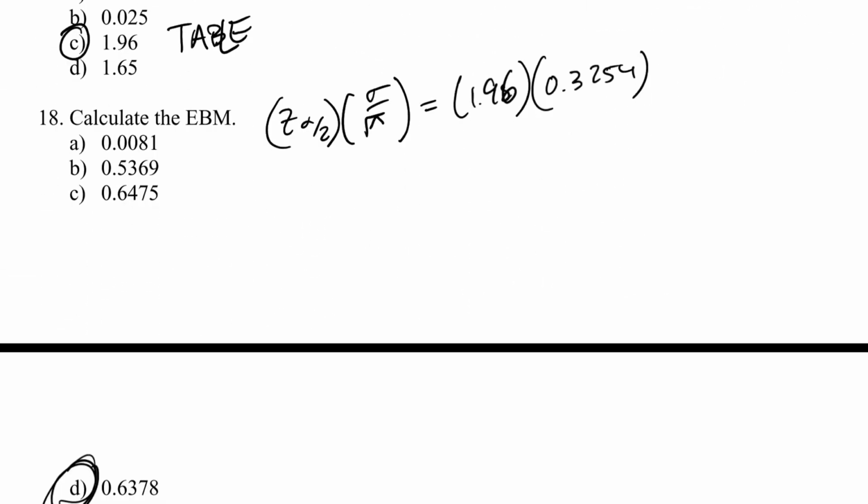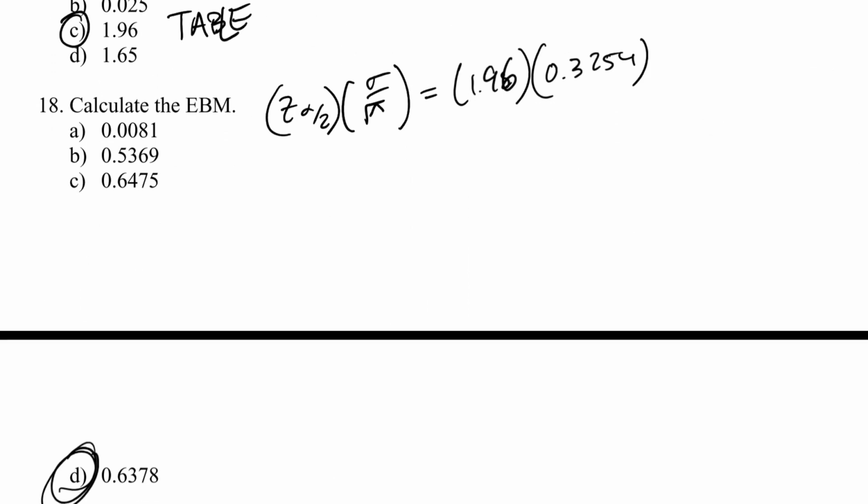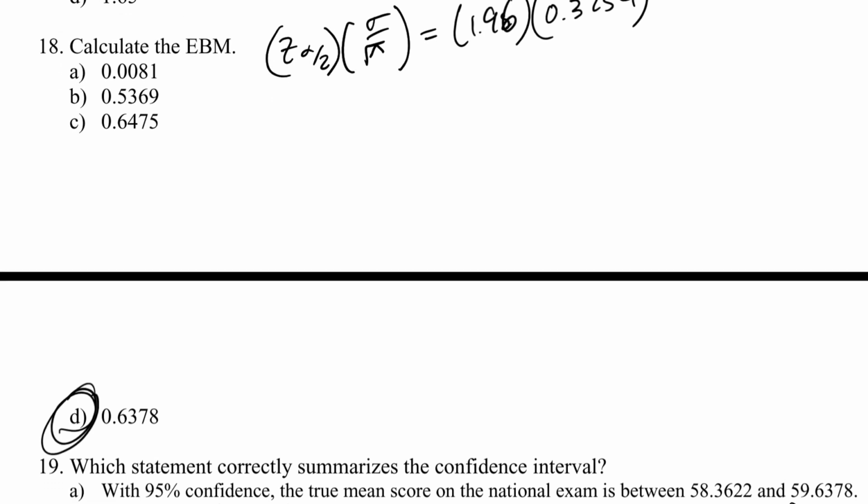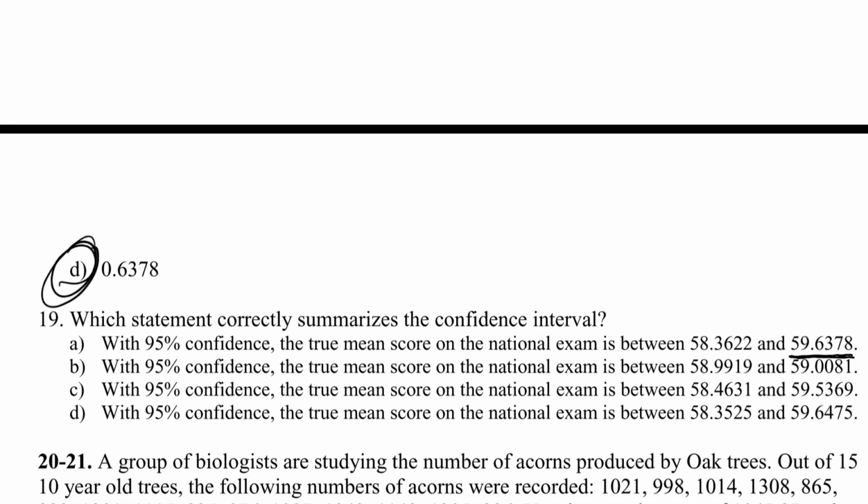My error bound is 0.6378. So if I look at my choices, 59 plus 0.6378 is right there. It's got to be A. That's the only logical choice. So what I'm doing here is this is x bar minus EBM, and this is x bar plus EBM. That's what I'm looking for.